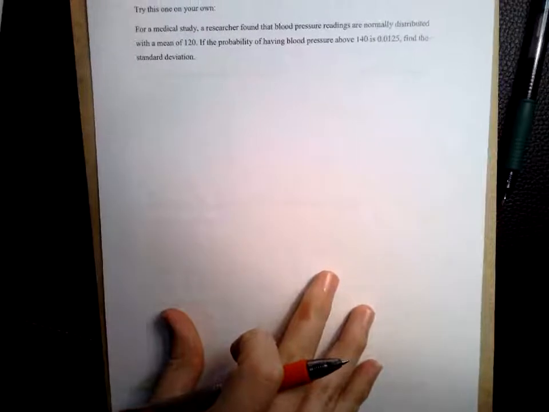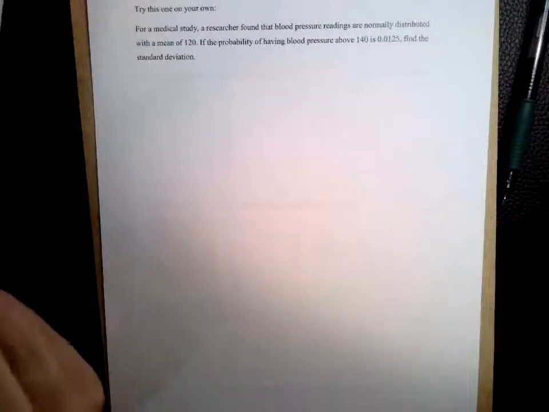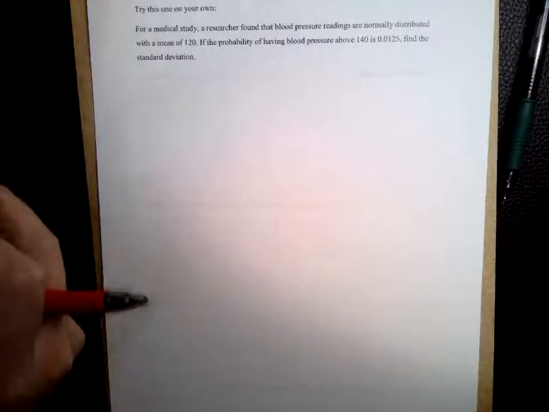Now let's look at another example real quick. It says, for a medical study, a researcher found that blood pressure readings are normally distributed with the mean of 120. If the probability of having blood pressure above 140 is 0.0125, find the standard deviation. So this one is a little bit different, so I will go through it.